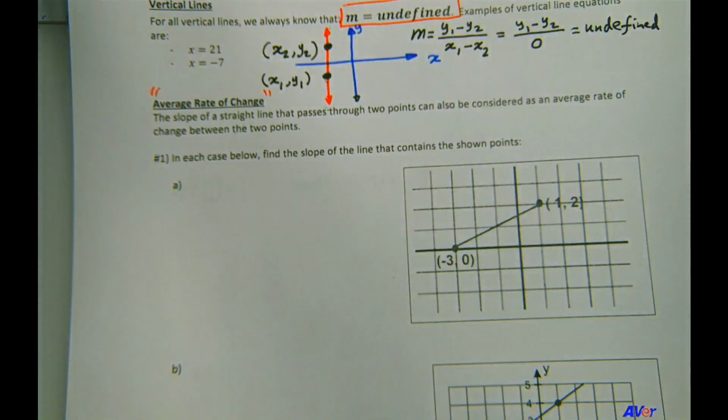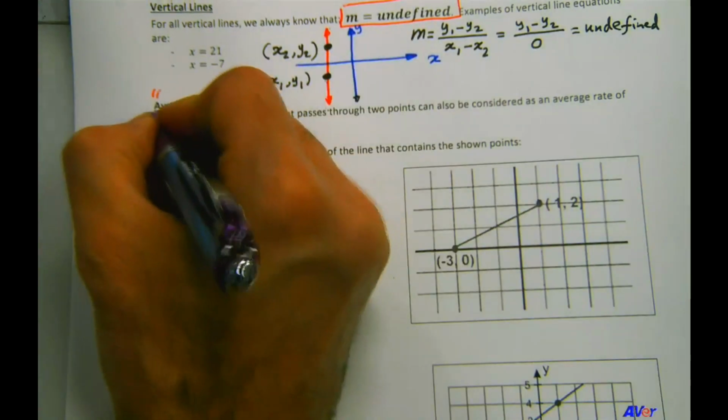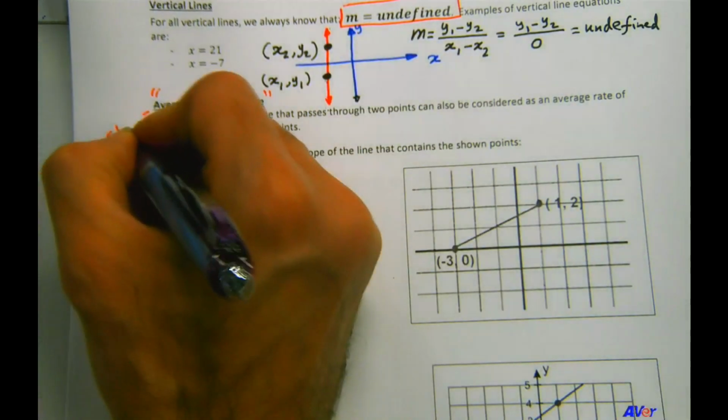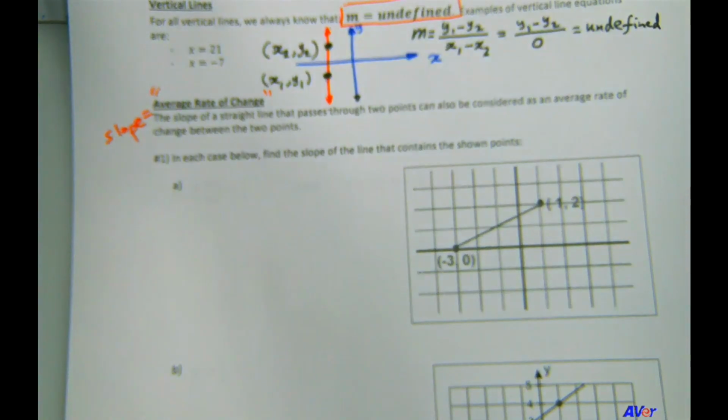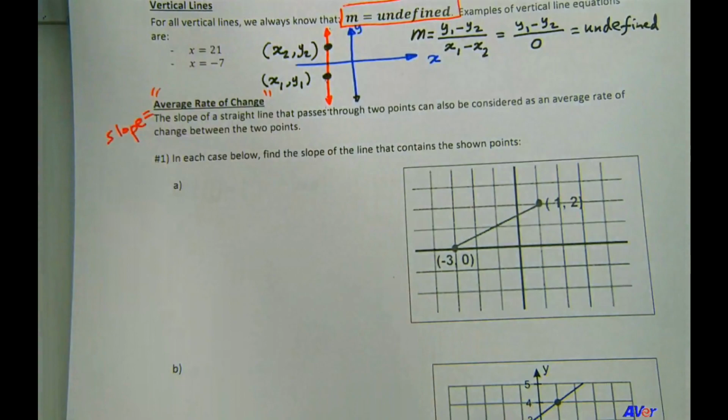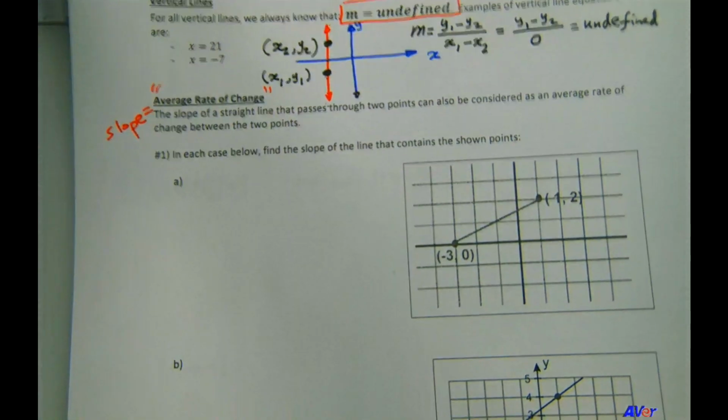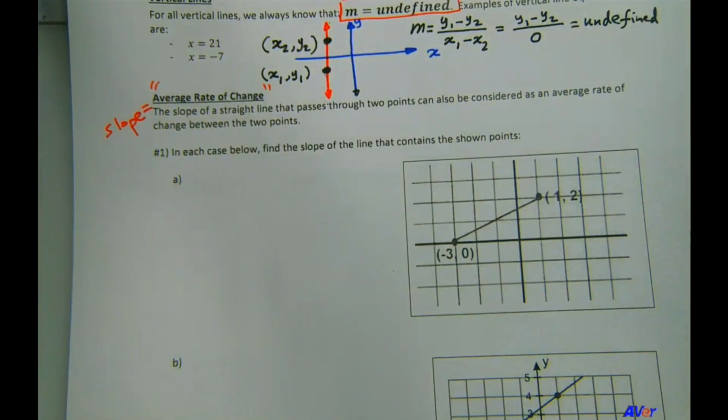What does it refer to? It refers to a slope. It's a different way of talking about slope. It's the same thing. Okay, so I just wanted to mention that. So if you see this in the book, you know that's what it's referring to. Average rate of change is simply slope. For a linear equation, it's going to be a constant slope.